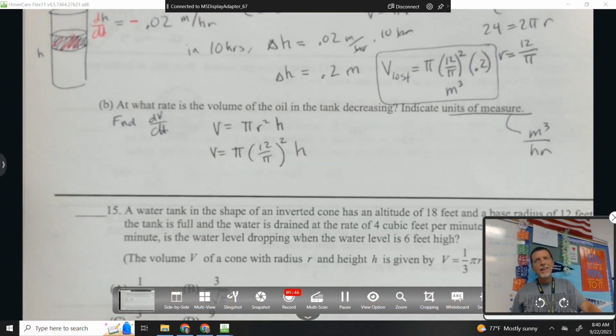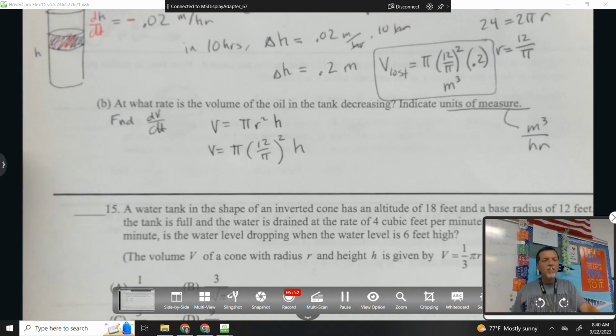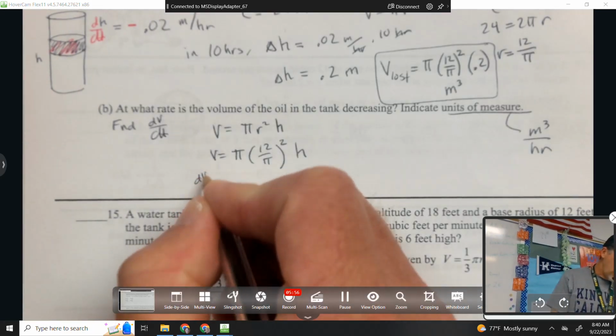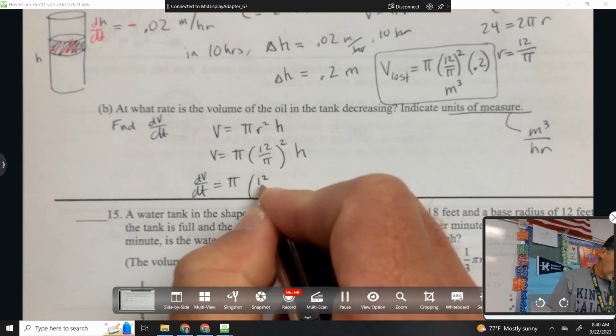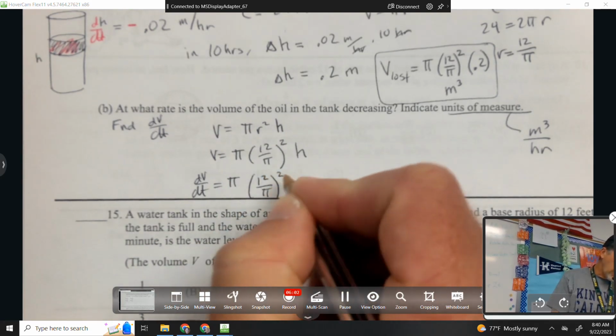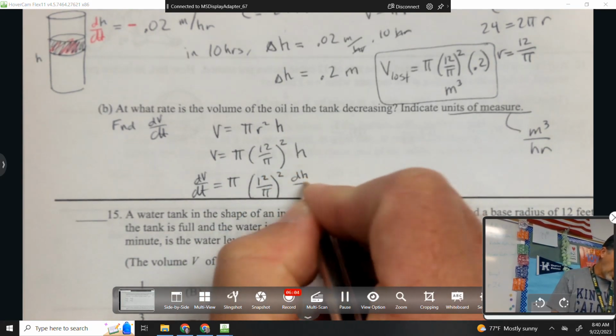Again, be careful doing that. Only plug in values that aren't changing, because if they're changing, then you need to account for their derivative. So dV dt is pi times (12 over pi) squared times dh dt.